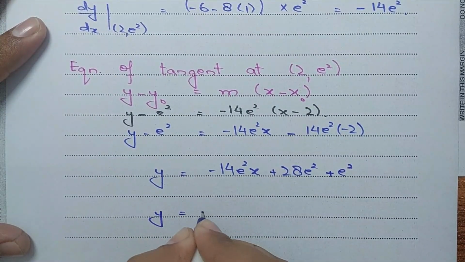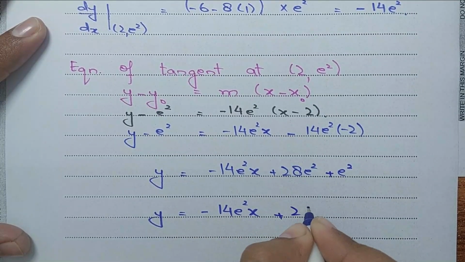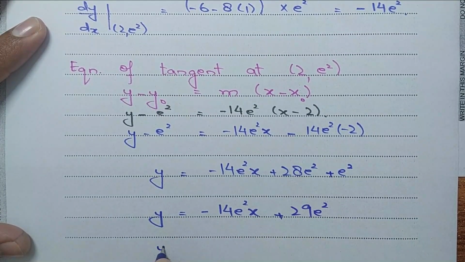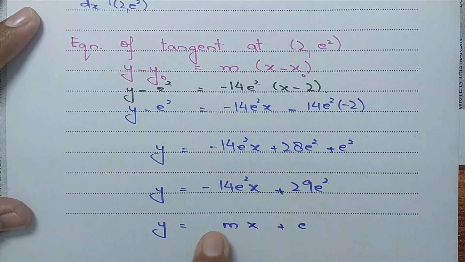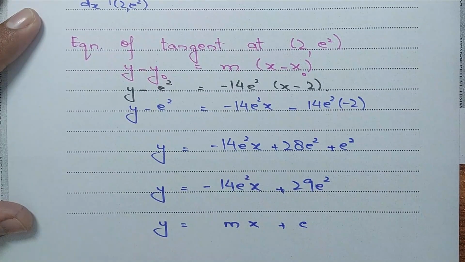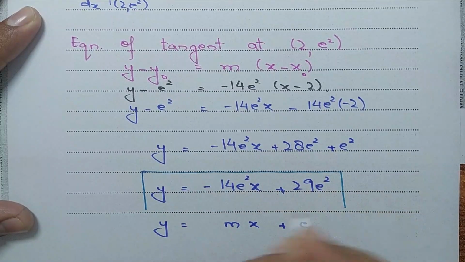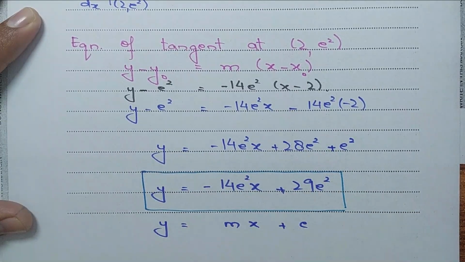So y equals minus 14 e squared x plus 29 e squared. This is in the form of y equals mx plus c. This is the value for c and this is the value for m. Now we have proved it. This is in y equals mx plus c form.